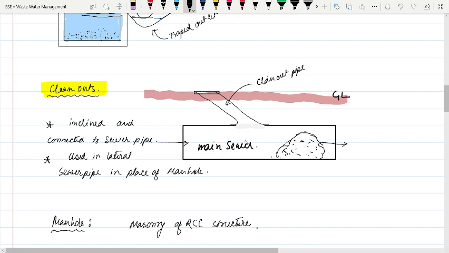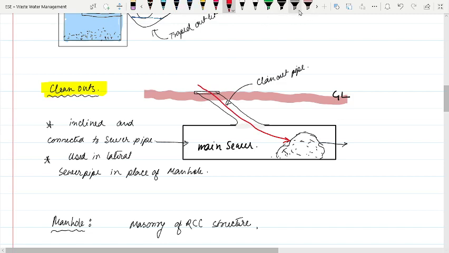That is why, if we know where the clog is present, we can open the cleanout pipes and use some kind of flexible rod to push it. Or we may use some kind of water pump and, at a high pressure, release water through these cleanouts.